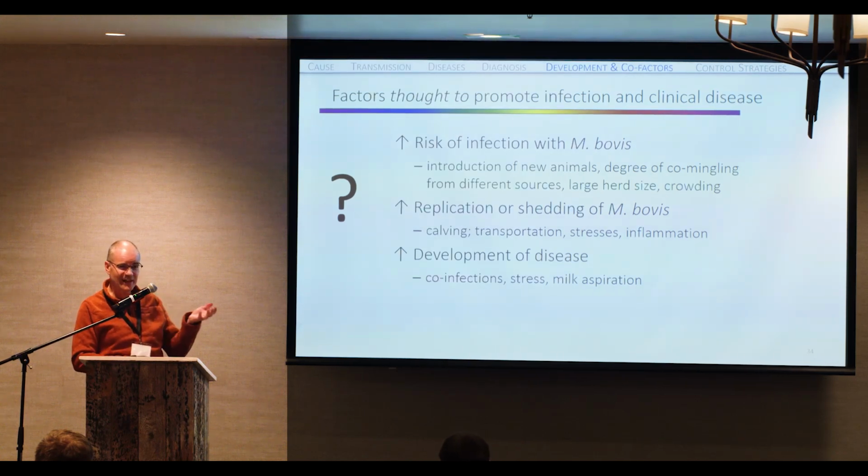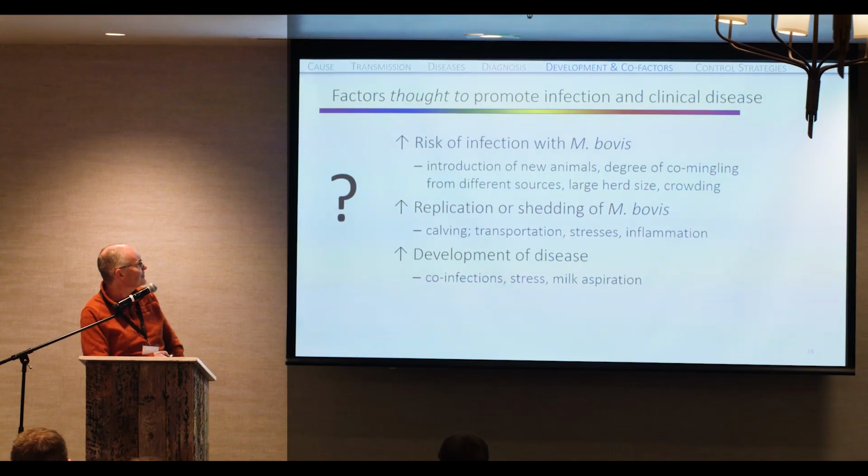This is my speculation, so this is based on data, but I would say it's not hard fact. I think animals have, this is probably hard fact, animals have an increased risk of infection if there is introduction of new animals, or if there's commingling of animals from different sources, which would be probably common to your situation.